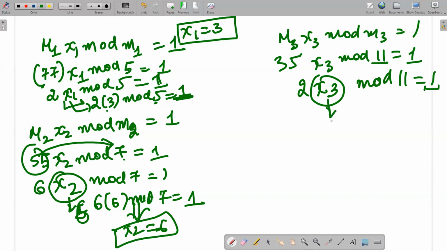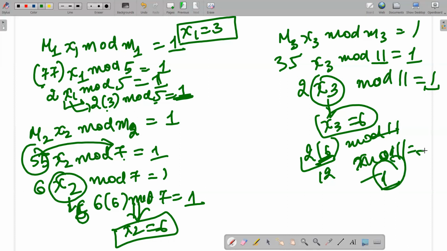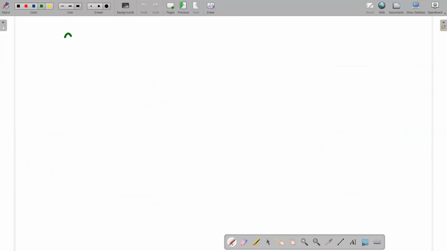If I put x3 as 6, 2 multiplied by 6 is 12, and 12 mod 11, the answer is 1. So clearly x3 is equal to 6. We got x1 equal to 3, x2 equal to 6, and x3 equal to 6. Now just use the formula and try to get the answer accordingly.